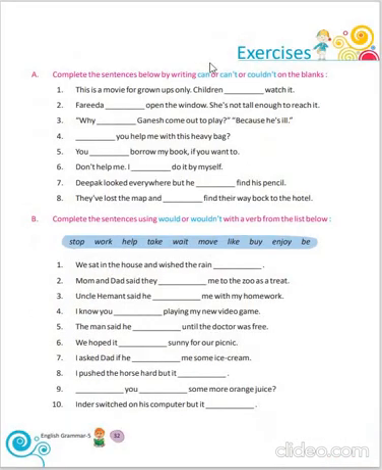Now let's come to the exercise. Come to A. In this, you have to complete the sentences by writing can, can't, or couldn't. This is a movie for grown-ups only. Children can't watch it. Farida can't open the window. She's not tall enough to reach it. Why couldn't Ganesh come out to play?